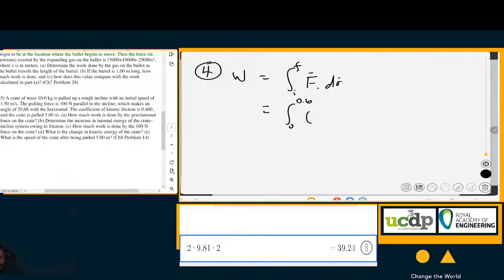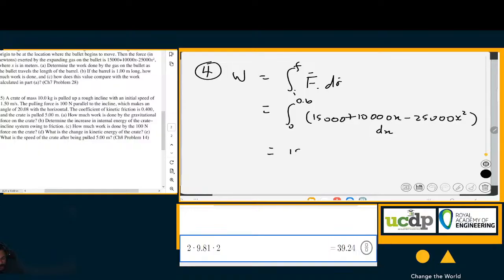The function for the force is 15,000 plus 10,000 x minus 25,000 x squared, dx. So there you integrate all of that.